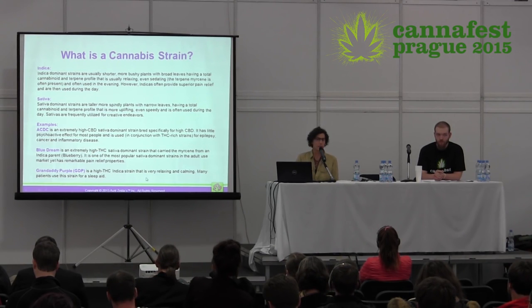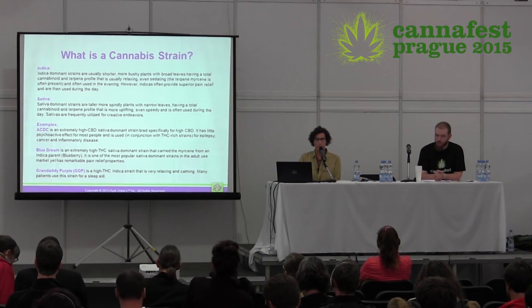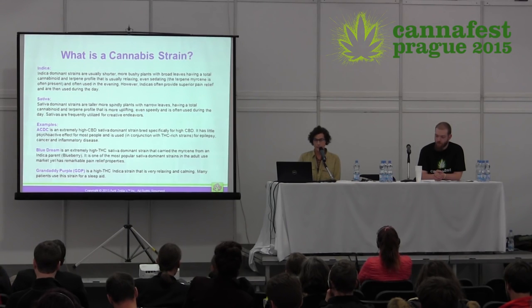Now, interestingly, most of the high CBD plants seem to be bred from sativa plants originally. So like AC/DC, which is a very successfully standardized and stabilized strain that's very popular, especially in California where I'm from, is a sativa-based strain.